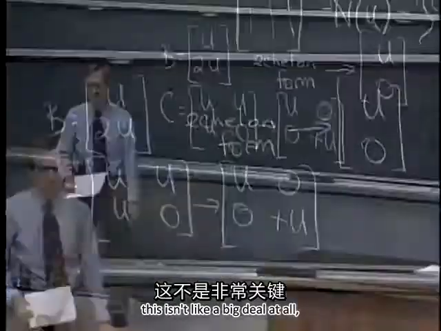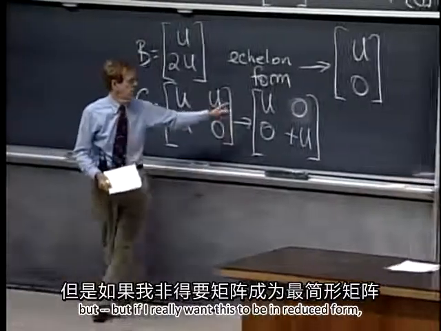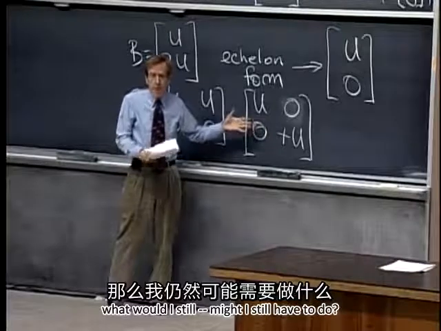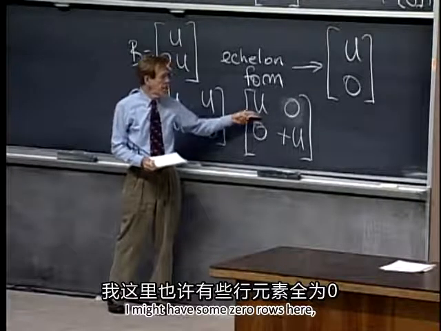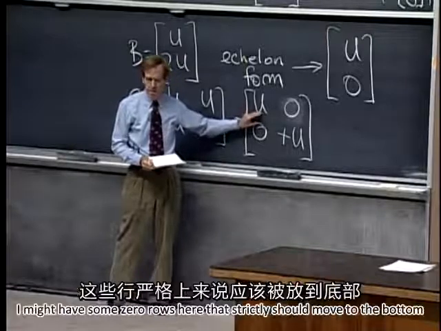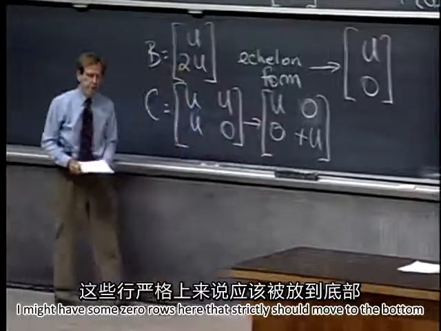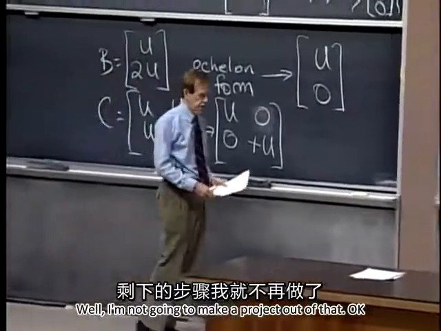This isn't a big deal at all, but if I really want this to be in reduced form, what might I still have to do? I might have some 0 rows here that strictly should move to the bottom. Well, I'm not going to make a project out of that.